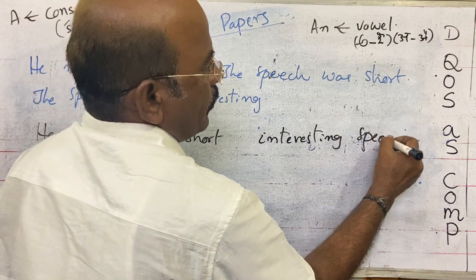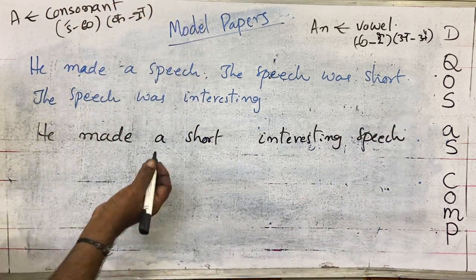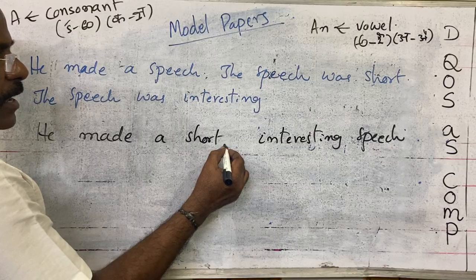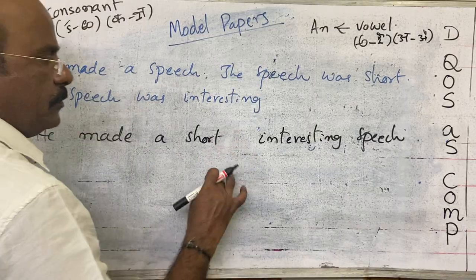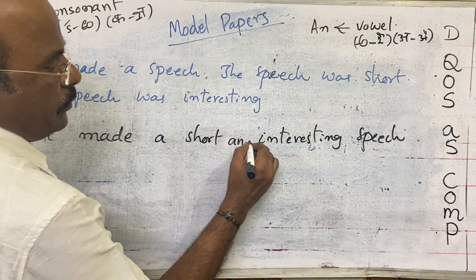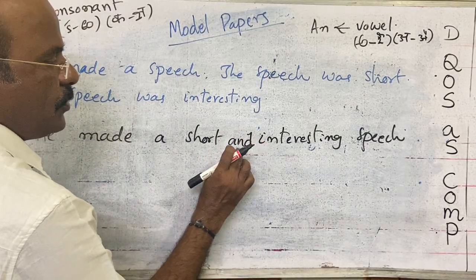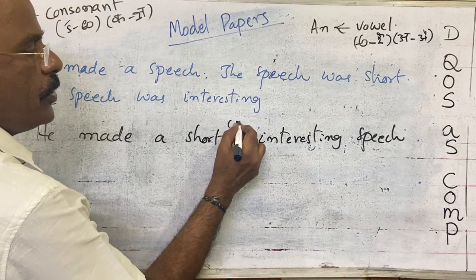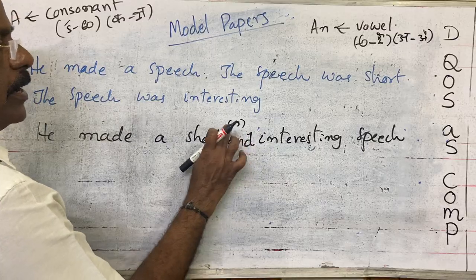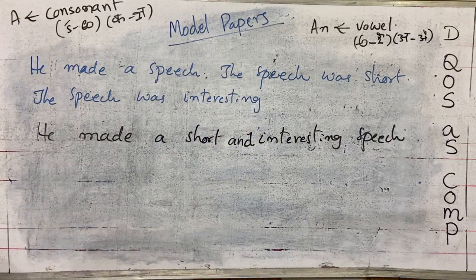Here you can keep a comma, or if you don't want, you write and. You can use a comma or and, anything you can take. So he made a short and interesting speech.